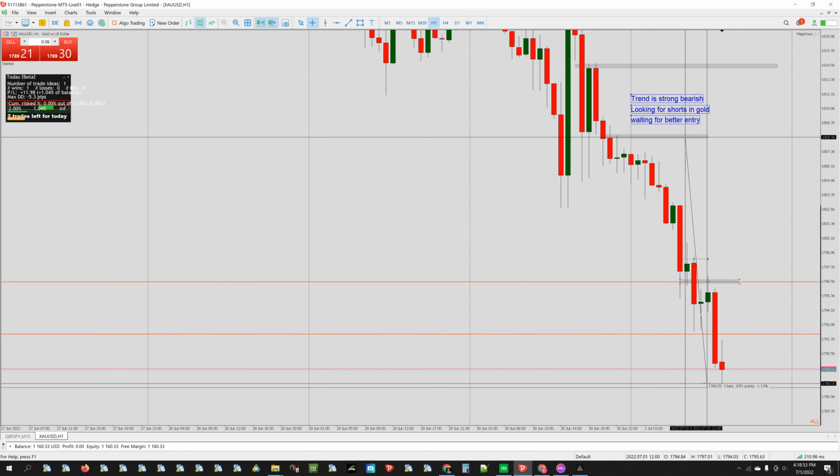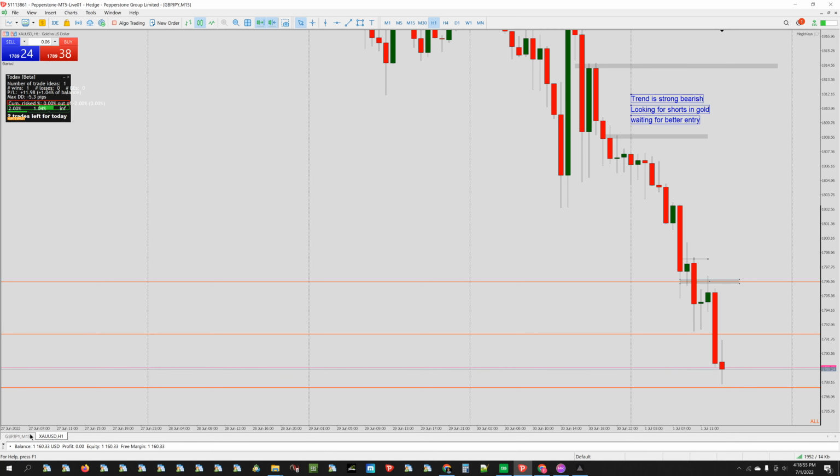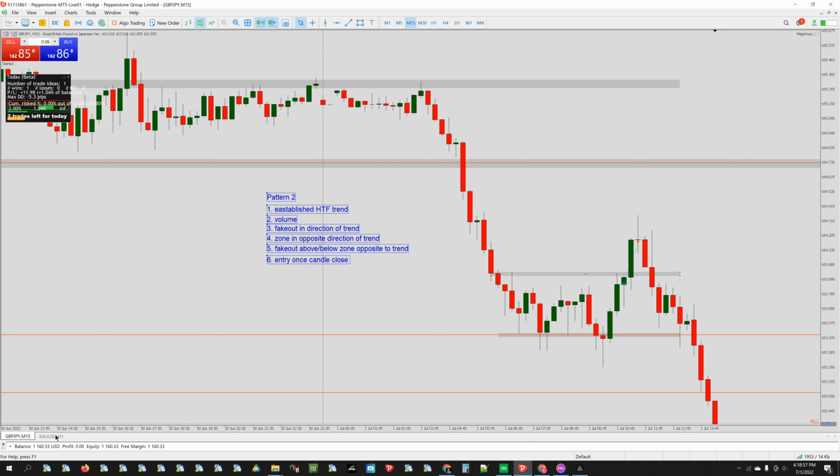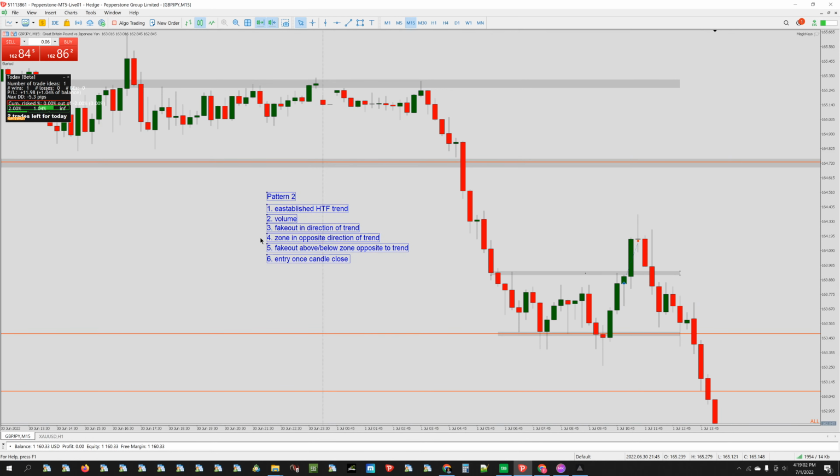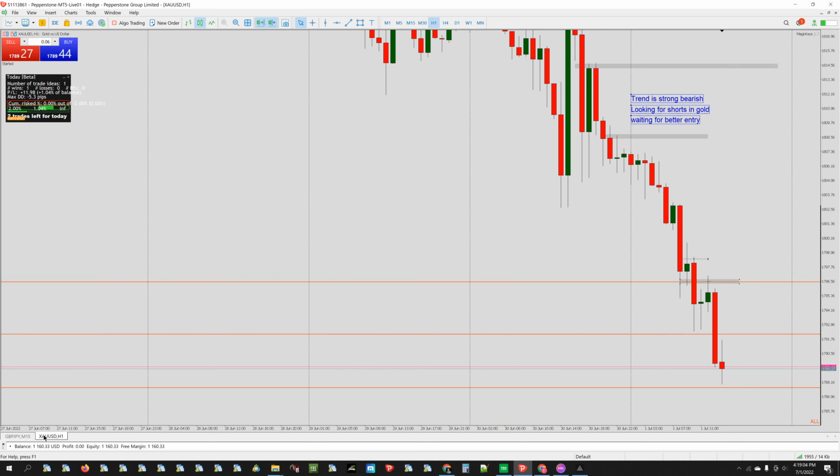We have already dropped like 200 pips in gold so far. We have defined our pattern 1 and pattern 2 in GBP JPY. In gold we are just waiting at this point.